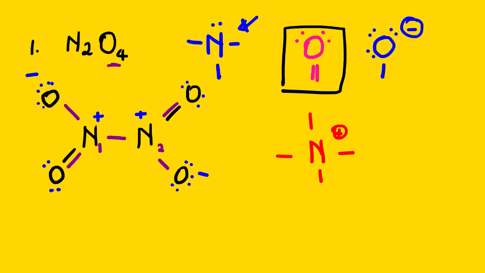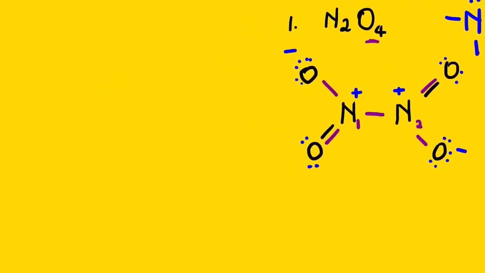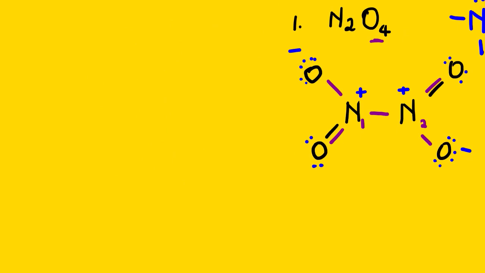From here we can go ahead and draw resonance structures. To draw resonance structures, we are going to use this double-headed arrow. From the first structure, we are going to show how electrons are moving.